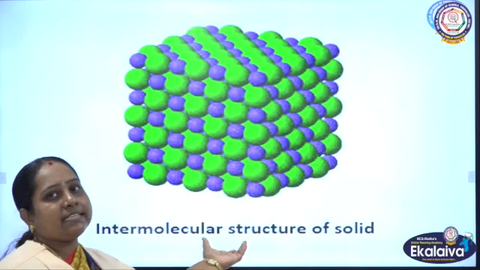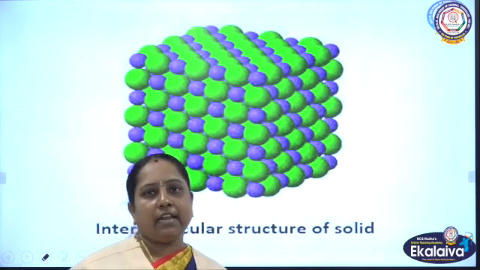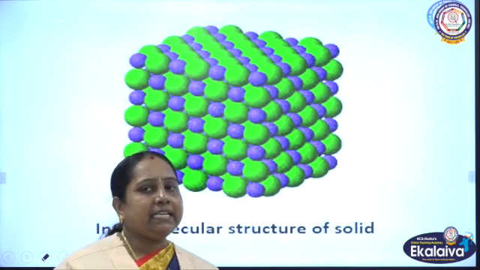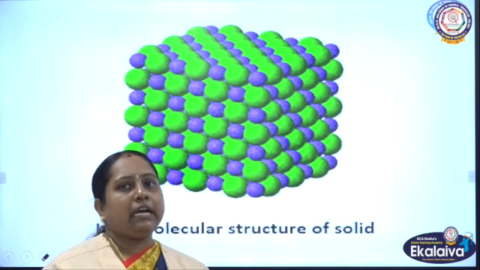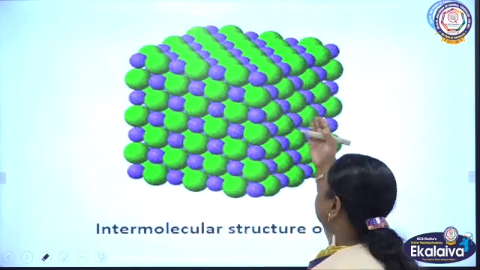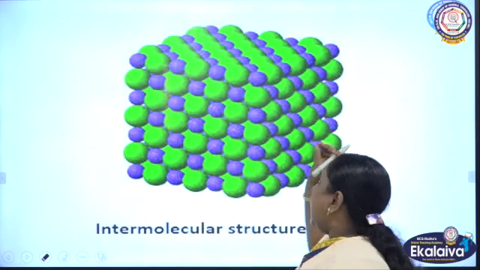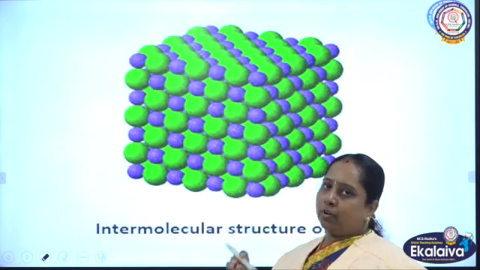This is exactly the intermolecular structure of solids, which shows how the particles are binding with each other with a strong attraction force. If you look at the structure, there are different types of crystals. Large particles are there, and small particles are also there.